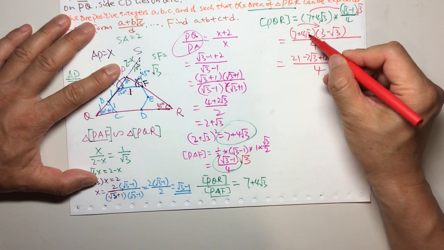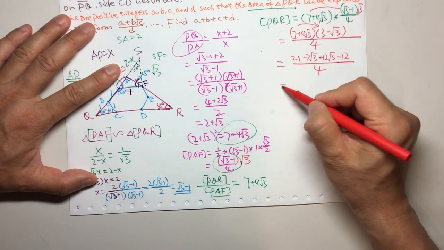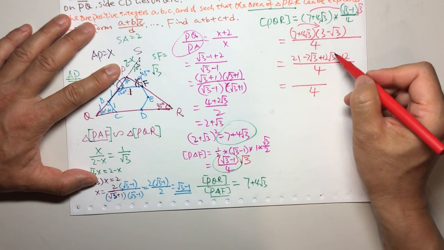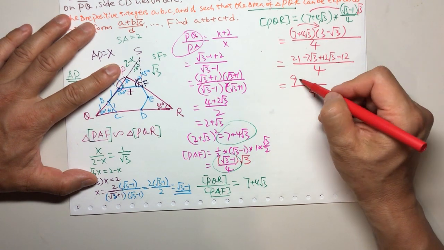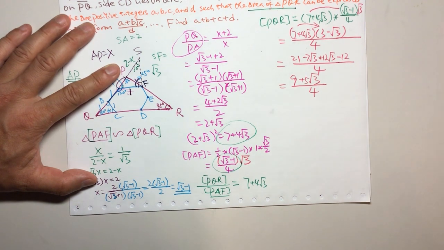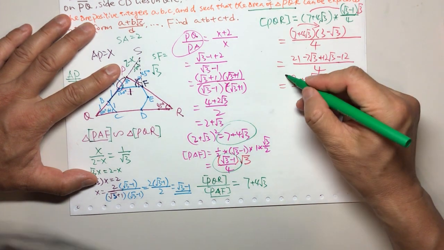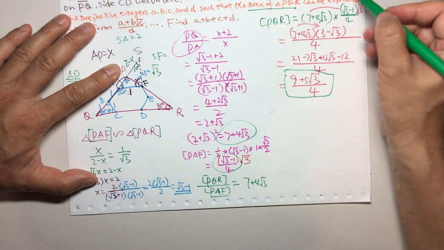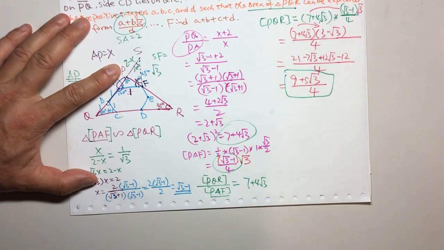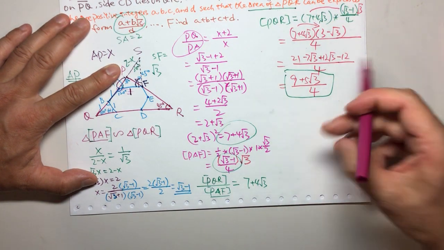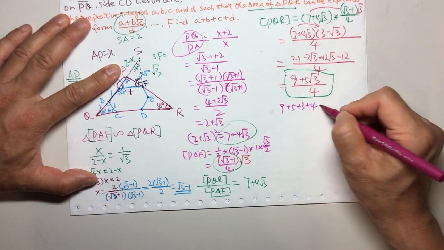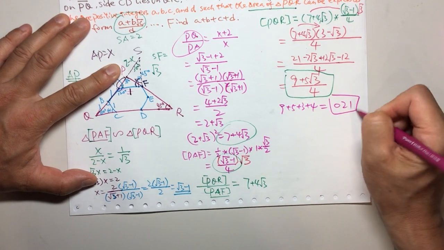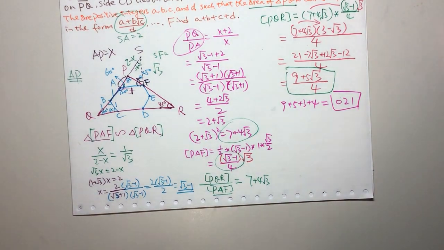So the bottom is 4 and the top is 9 plus 5 square root of 3. Okay, we got this, in the form of this. So the final answer is 9 plus 5 plus 3 plus 4, 12, 0, 21. That's it.